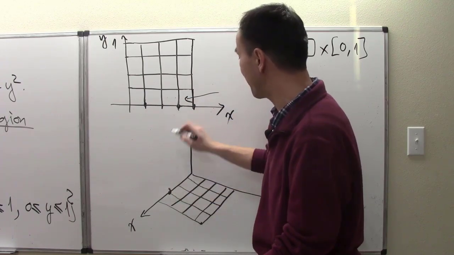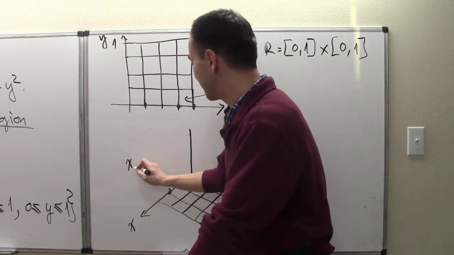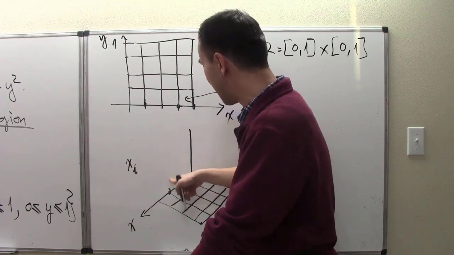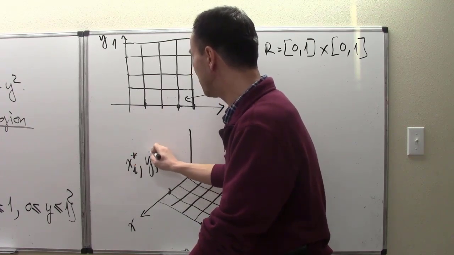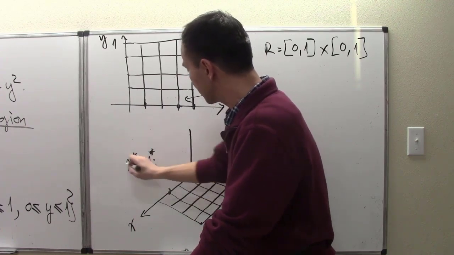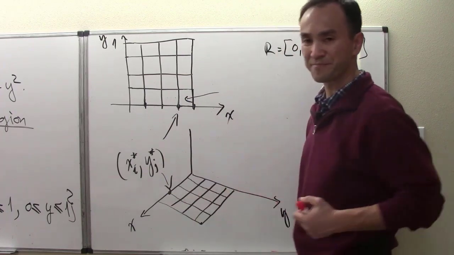That's our sample point. I'm going to just pick it at some i and j position. That sample point is chosen here, and on this version of the picture, it's right there.